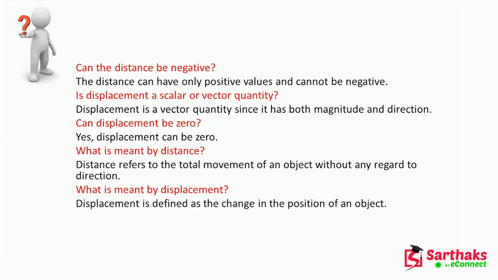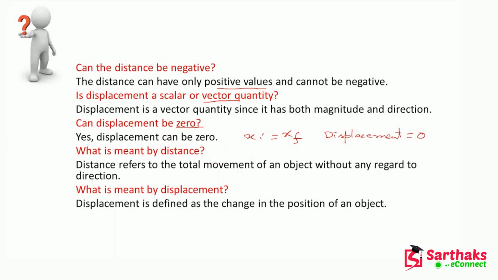Can the distance be negative? The distance can have only positive values. It cannot be negative. Is displacement a scalar or vector quantity? Displacement is always a vector quantity. Can displacement be 0? Yes, if xi equals xf, the displacement will be 0.